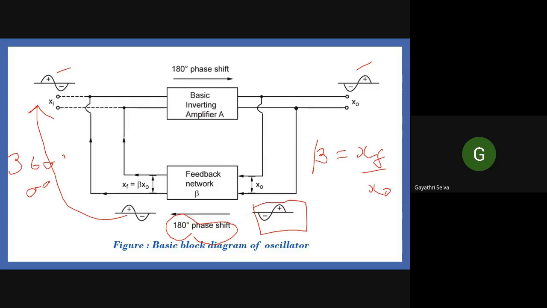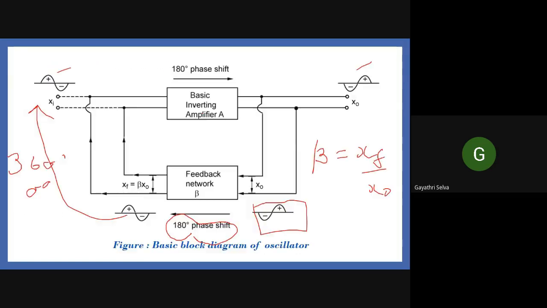Therefore, if a 180-degree phase shift is introduced in the amplifier network, that has to be compensated by the feedback network. We can adjust the RC components or whatever feedback elements we are utilizing. That feedback network is responsible for introducing the compensating phase shift so that the output of the feedback remains in phase with the already existing input signal.